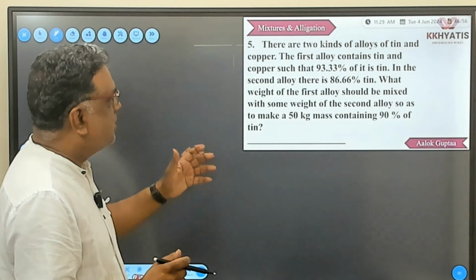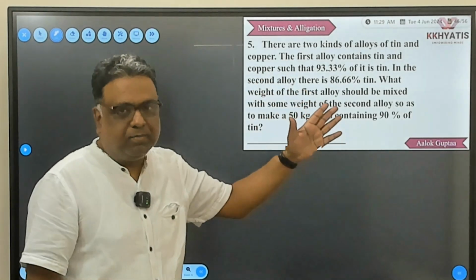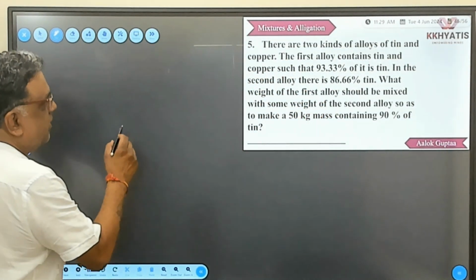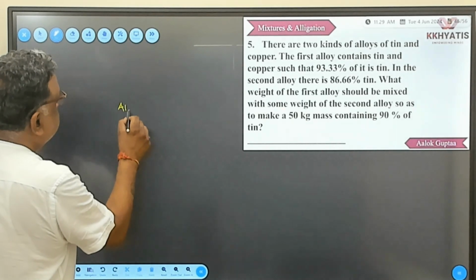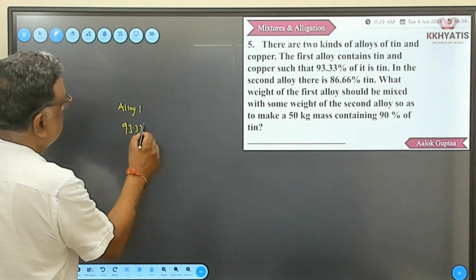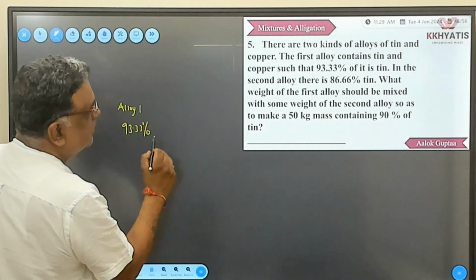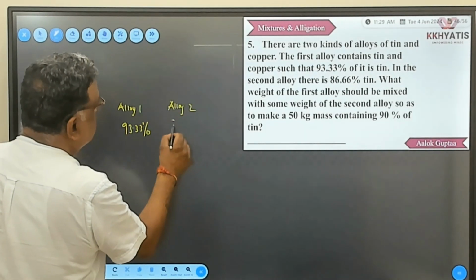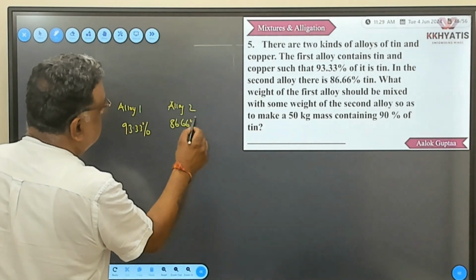So here I will not bother about copper because let us apply alligation on tin. In alloy 1, the tin quantity is 93.33%. In alloy 2, it is 86.66%.